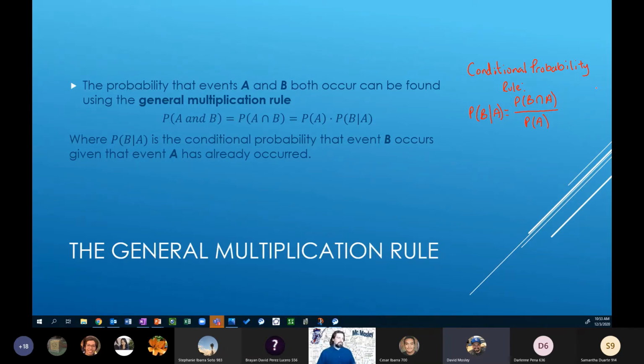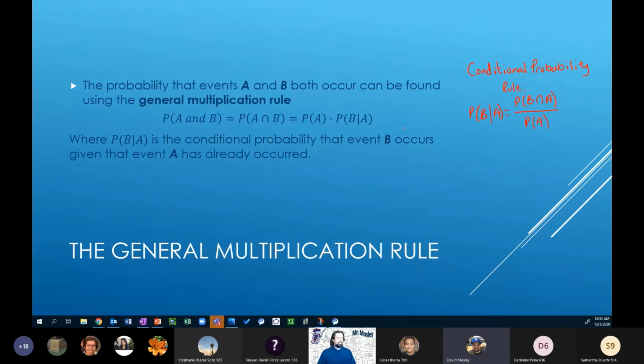And this rule here is just this rule where we've gotten rid of the fraction, essentially. We multiply each side by the probability of A, and we get probability of A times probability of B given A is equal to probability of B and A. The probability of B and A is equivalent to the probability of A and B. So the fact that this one says B and A and this one says A and B doesn't change anything.